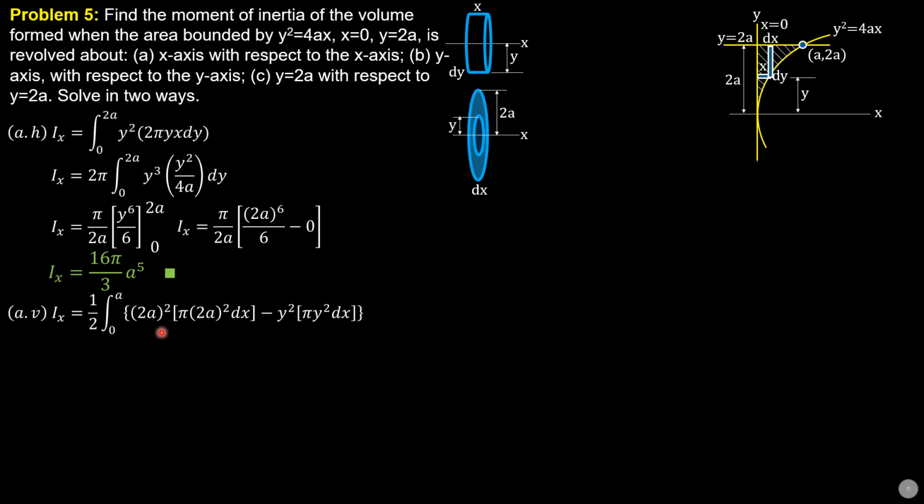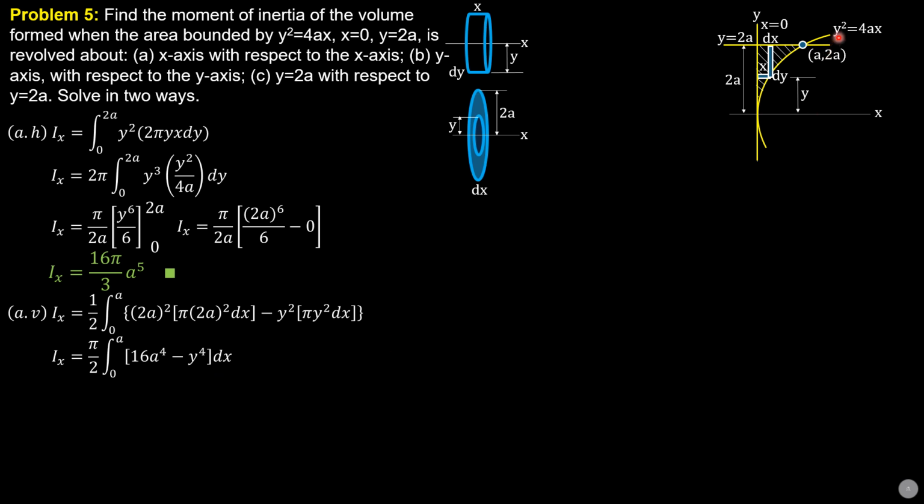So that's pi over 2 integral from 0 to a of big radius to the fourth minus small radius to the fourth dx. Interpret that as big radius to the fourth, 2a to the fourth, minus inner radius y to the fourth, dx, replacing y in terms of x.